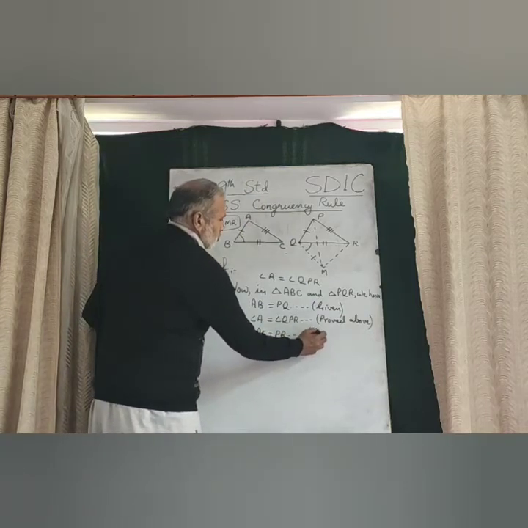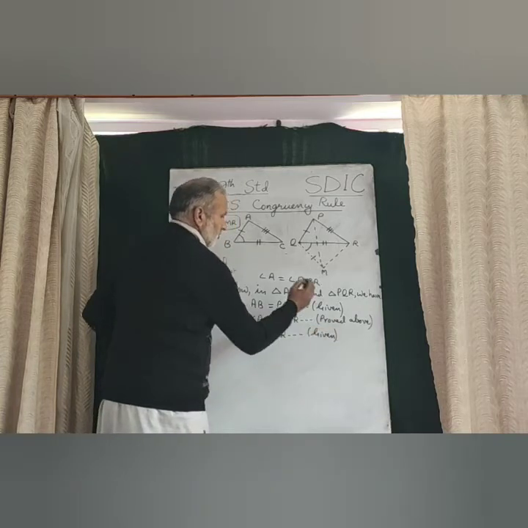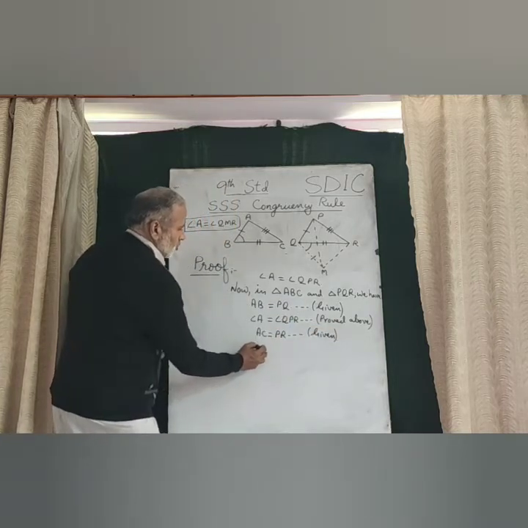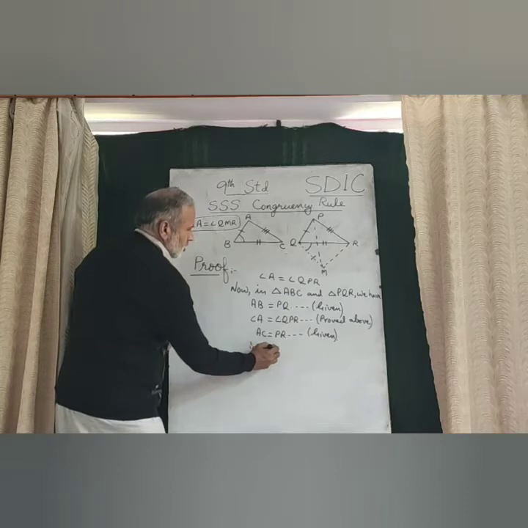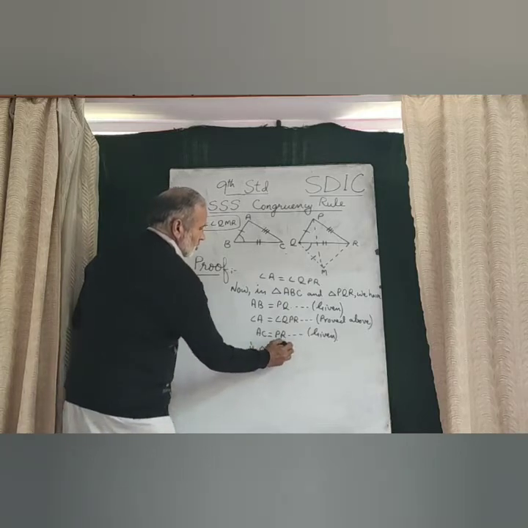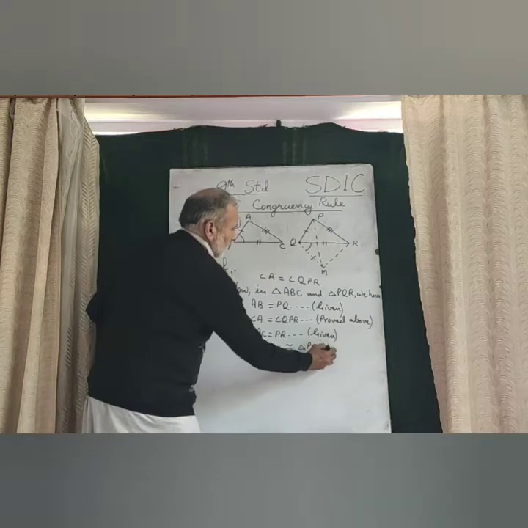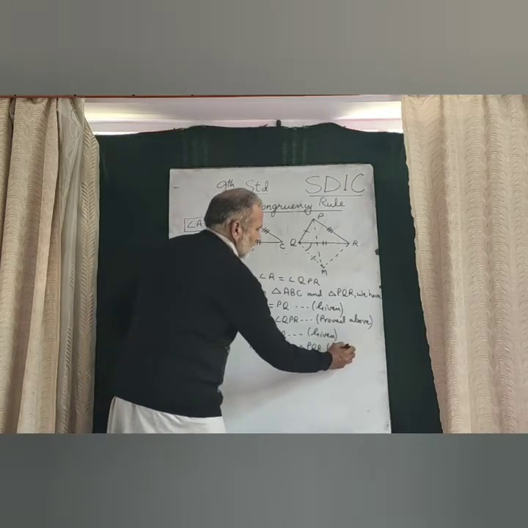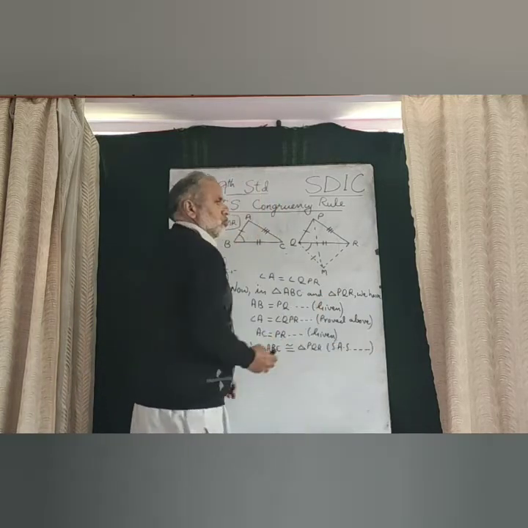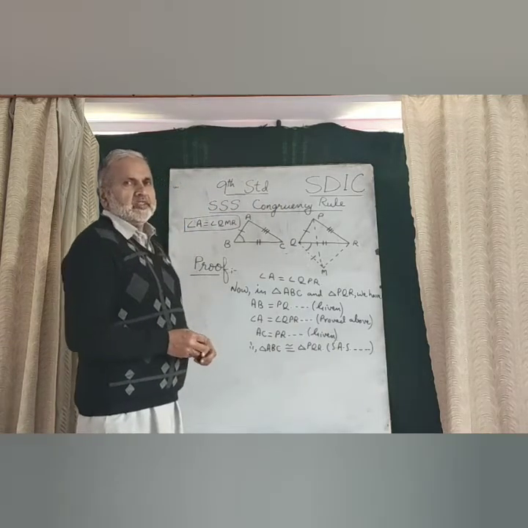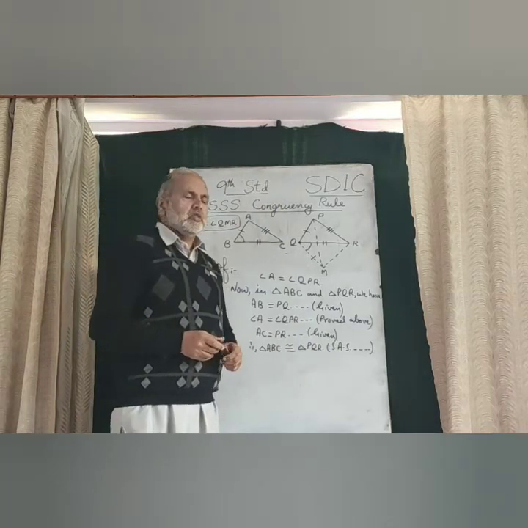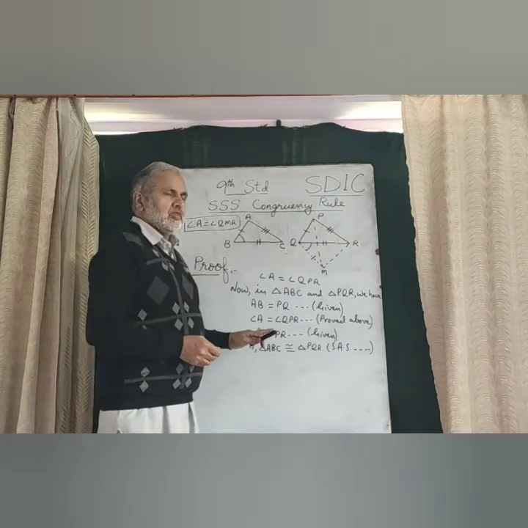This also is given to us. And we'll conclude therefore triangle ABC is congruent to triangle PQR. We used SAS congruency rule to prove this. That is the proof of this theorem.